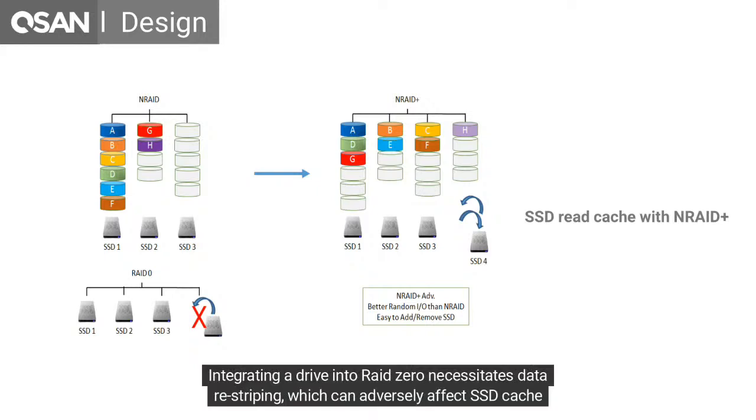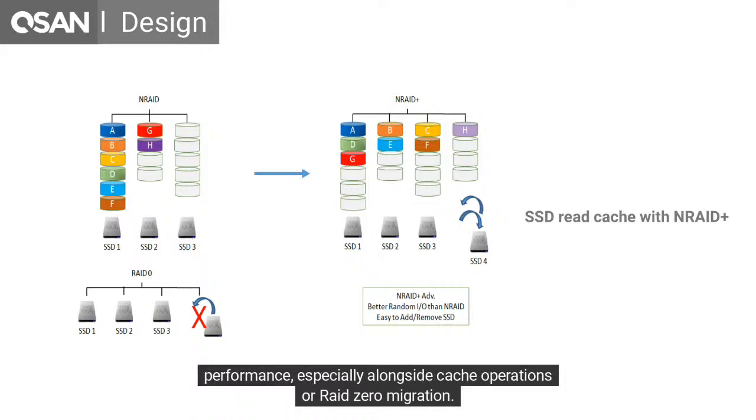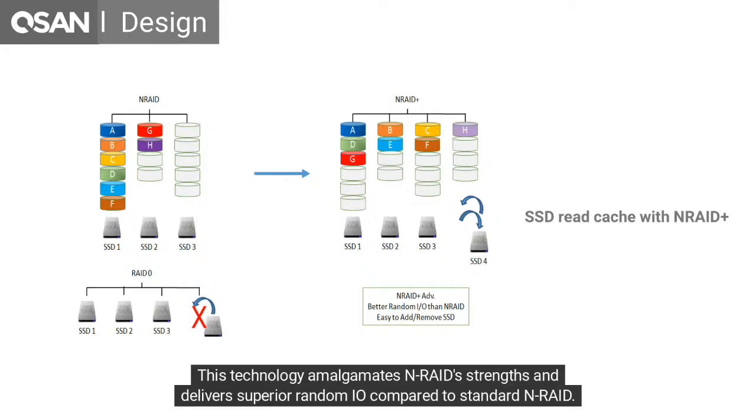Integrating a drive into RAID 0 necessitates data restriping, which can adversely affect SSD cache performance, especially alongside cache operations or RAID 0 migration. In contrast, nRAID Plus distributes cache data across all SSDs. This technology amalgamates nRAID's strengths and delivers superior random I/O compared to standard nRAID.